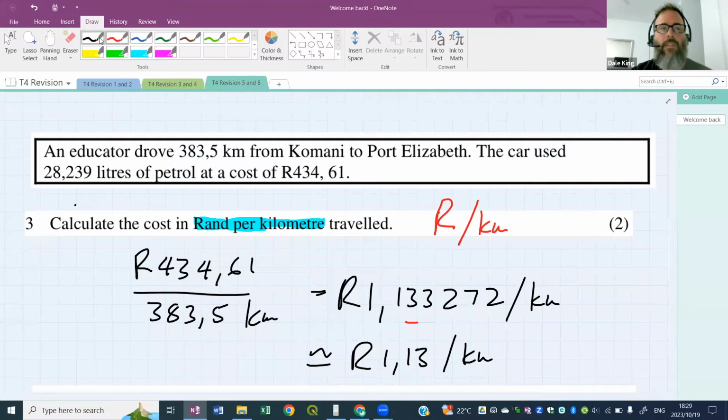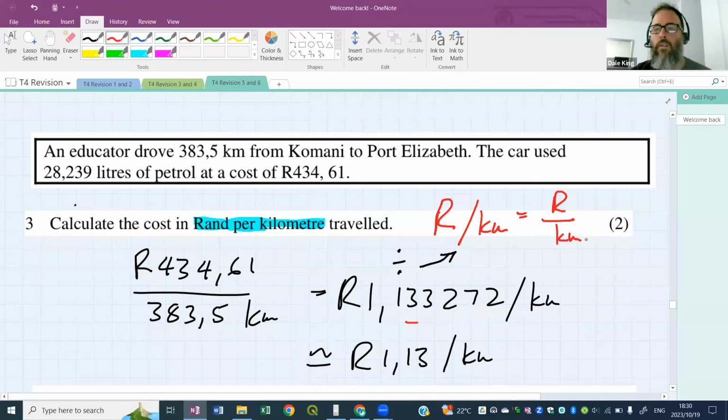Now, isn't this line here a division line? It is, isn't it? That's division. So I could rewrite this as rands over kilometers. Oh, that's what we're doing. We're taking our rands and putting it over our kilometers.